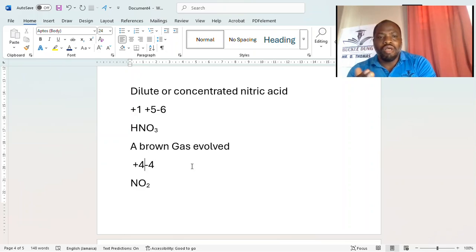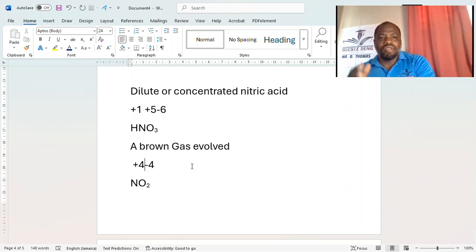So even though the sulfuric acid and the nitric acid produce a gas, please note the pungent smell due to the sulfur dioxide and the fact that it is colorless, versus the brown gas evolved with the nitric acid, and we don't mention anything about any pungent smell.